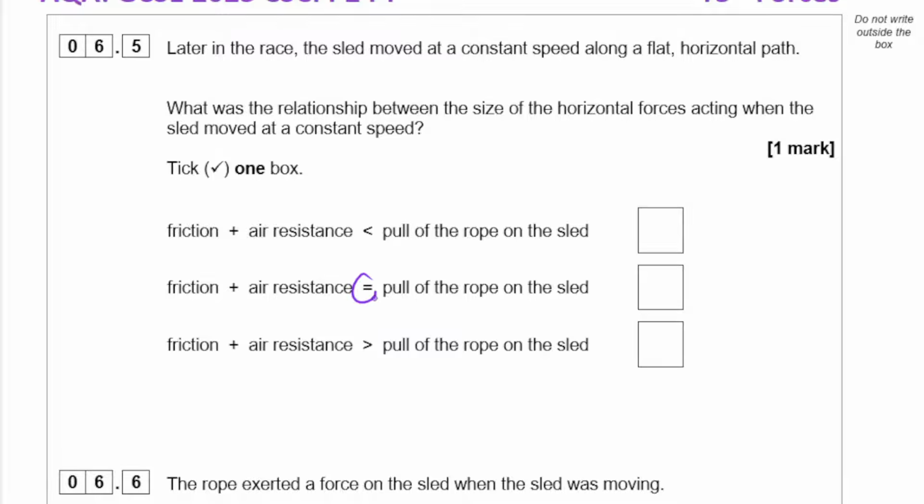So the only answer option with an equal sign is the second one, right? If the friction and the air resistance is less than the pull of the force, then it speeds up. If the friction and the air resistance is bigger than the pull on the rope on the sled, then it slows down.